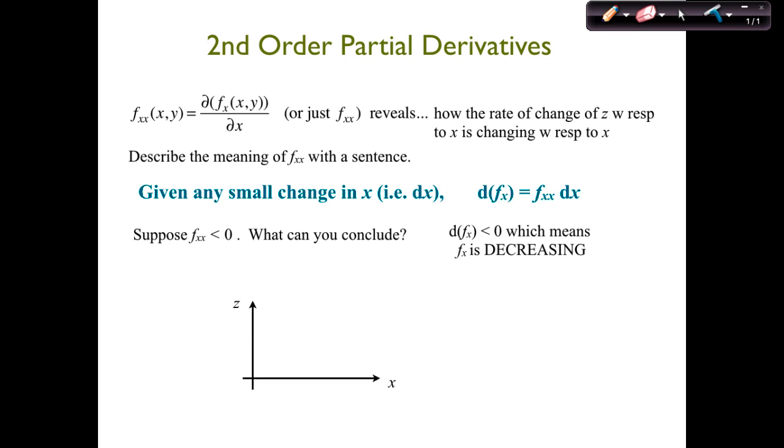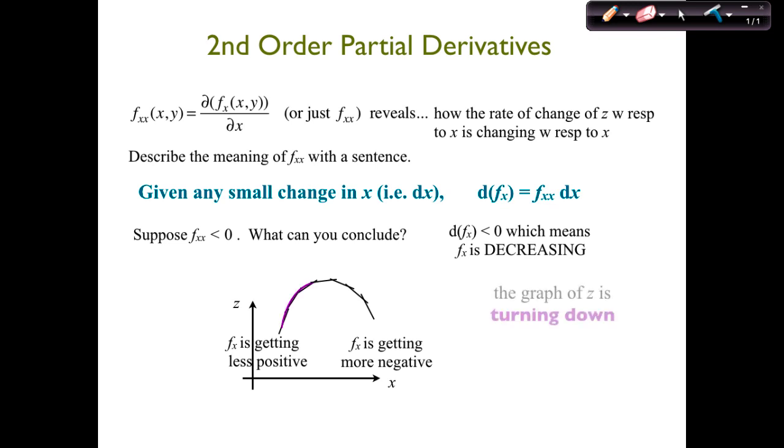Less positive, right? And what would it look like for the rate of change to get less positive? Like that, right? Less and less and less positive rate, or you can get more negative. That's how the rate can decrease. And so when the rate is decreasing, the graph is always turning down.